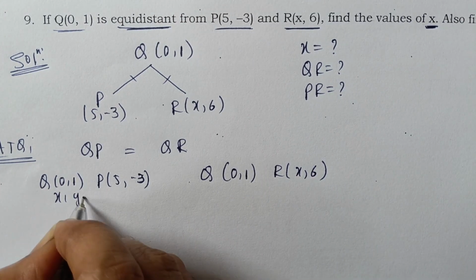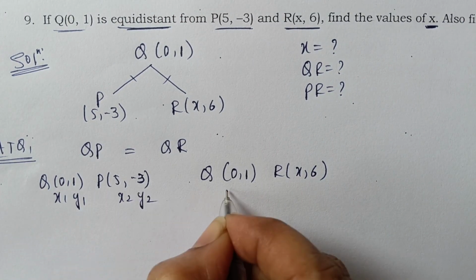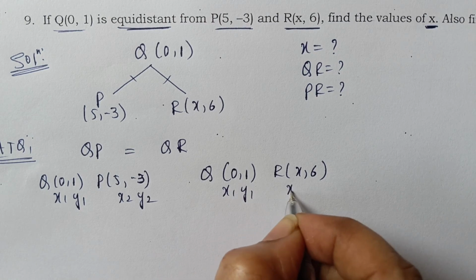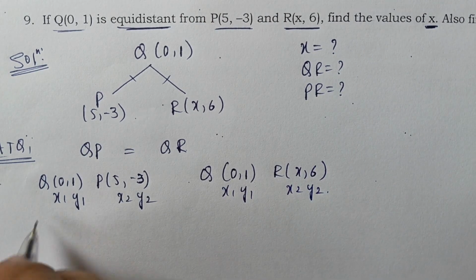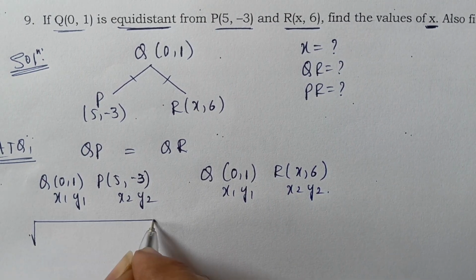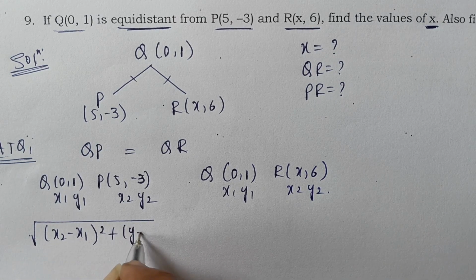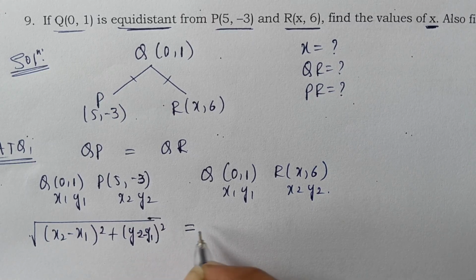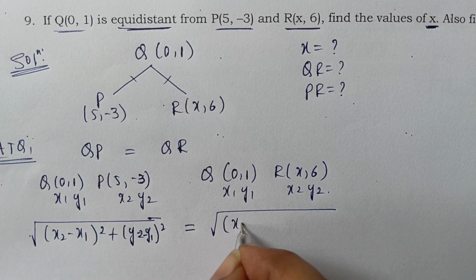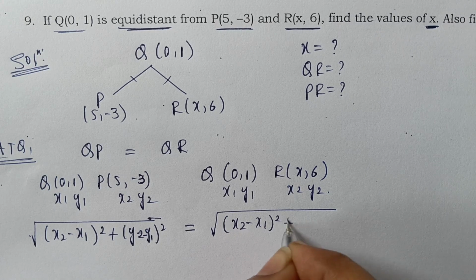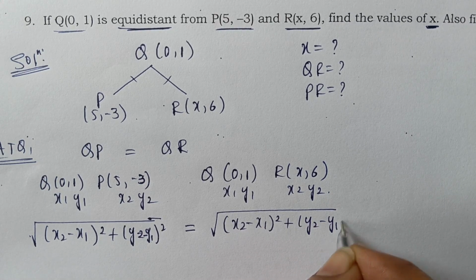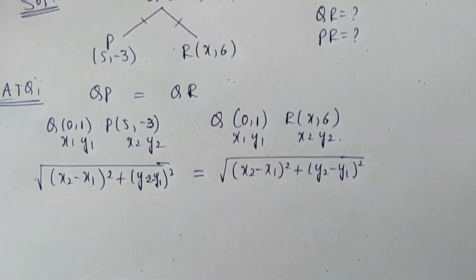Take x1 y1 x2 y2. This is x1 y1 x2 y2. Apply the distance formula on both sides. That is square root of x2 minus x1 whole square plus y2 minus y1 whole square is equal to, also, x2 minus x1 whole square plus y2 minus y1 whole square. Now substitute the values.